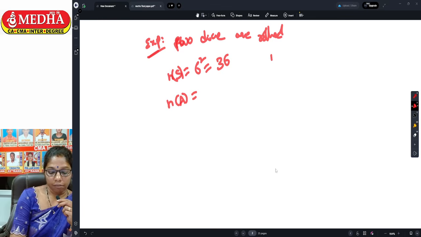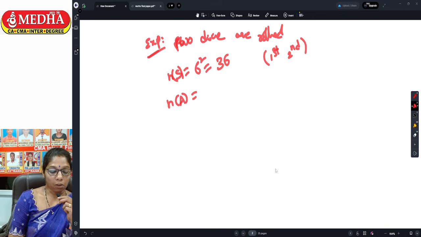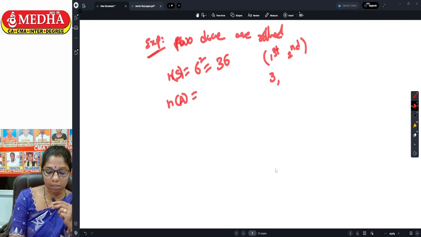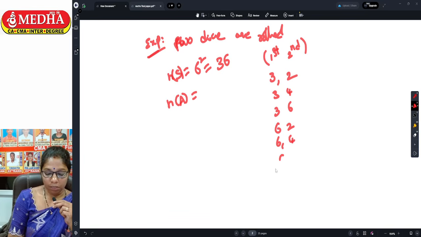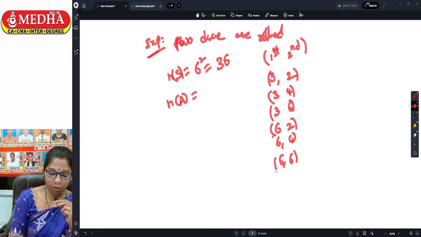That is the first die and the second die. Multiple of 3 and multiple of 2. The multiples of 3 are 3 and 6. So 3,2; 3,4; 3,6; and next 6,2; 6,4; 6,6. This is multiple of 3 and multiple of 2.